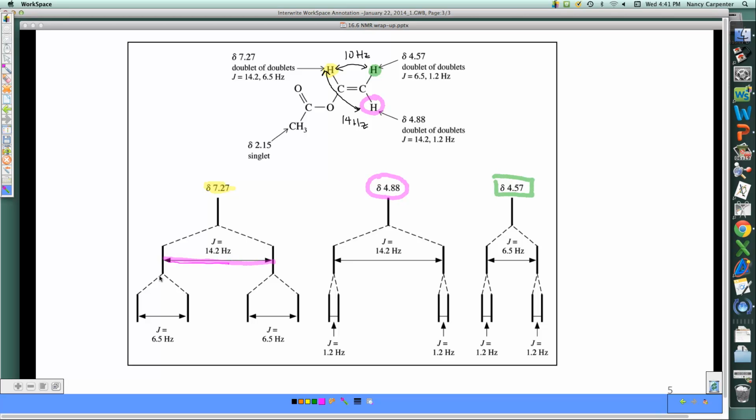But then each of those signals in turn are split again. Now each time, this is n+1, right? Because there's only one pink hydrogen. That's why it's a doublet. And there's only one green hydrogen. So again, it's split into a doublet.